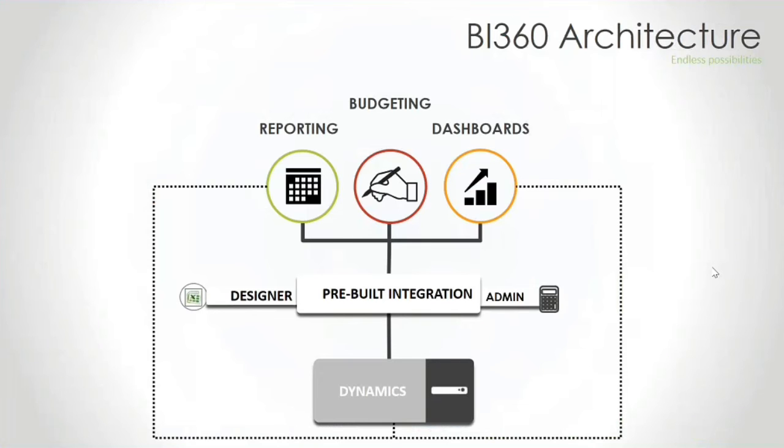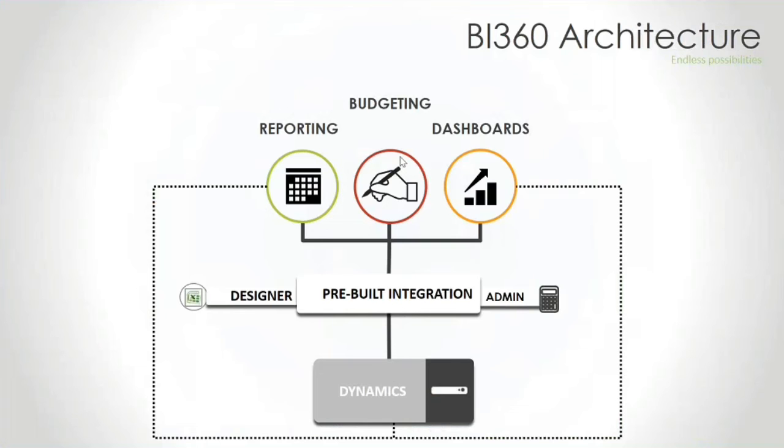So let's move on to the platform. As I've mentioned, we have reporting, budgeting, and dashboards, which is live on Dynamics through the pre-built integrations, which is the middle layer connecting to the Dynamics database, which is making it possible to build dynamic reports in Excel, populating with latest numbers in real time.